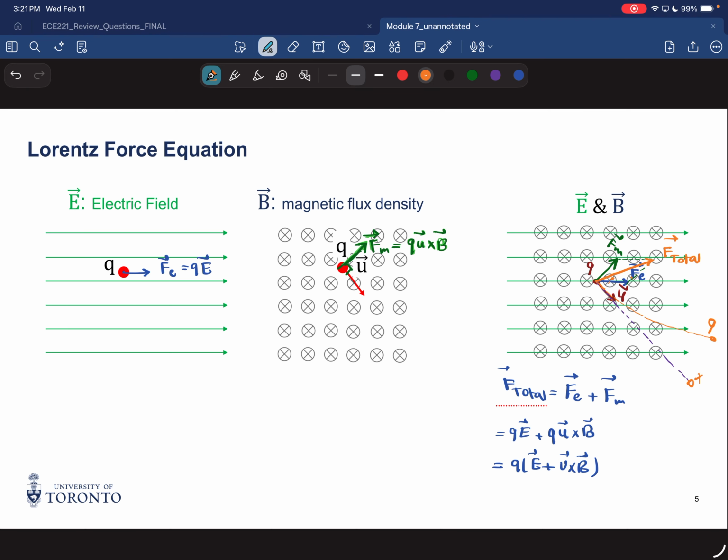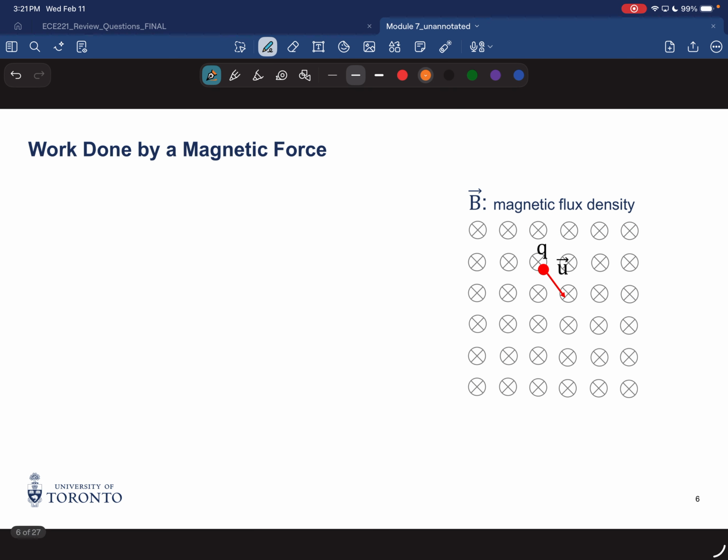So I just want you to remember that the magnetic force exists only if the charge is moving, and only when the magnetic field and the movement direction are not parallel. Now, what is the work done by the magnetic force?